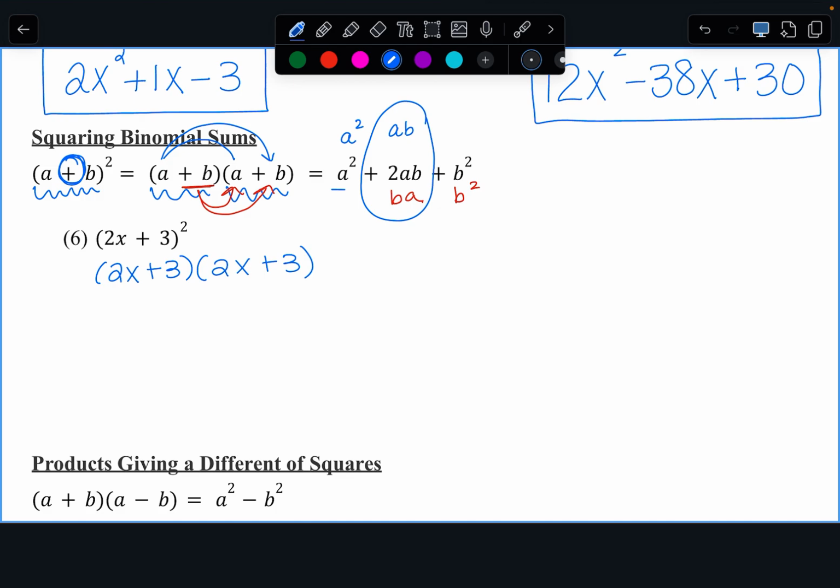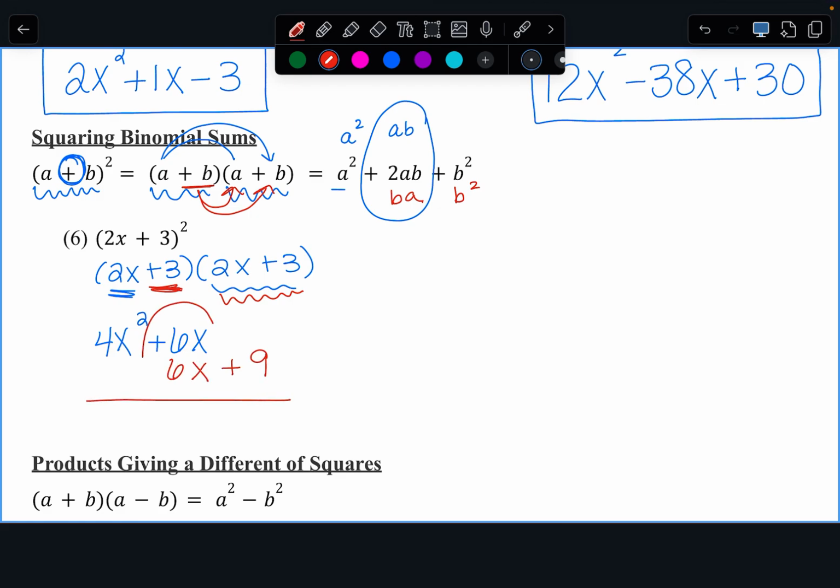Then we can do exactly what we did before. 2x times that stuff on the right is 4x to the second plus 6x. And 3 times that stuff on the right is 6x plus 9.